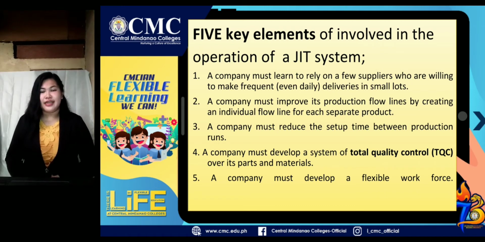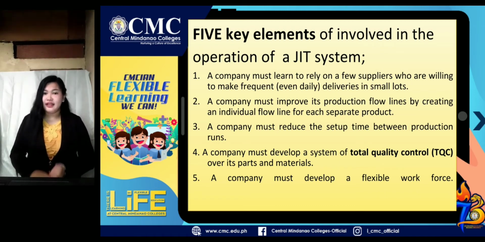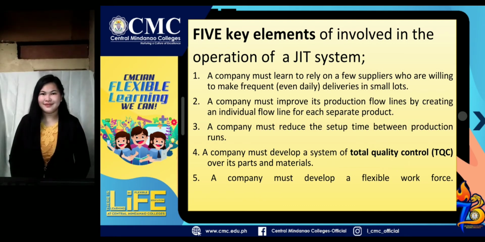The fourth one is a company must develop a system of total quality control, which we call TQC, over its parts and materials. In the absence of TQC, it would be impossible to successfully implement a JIT system.